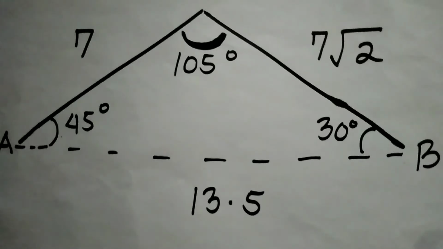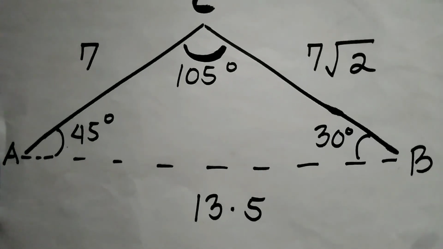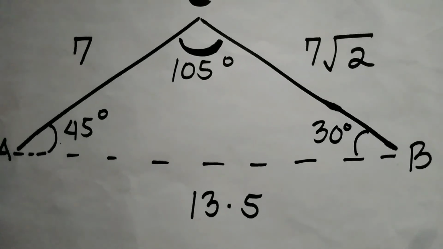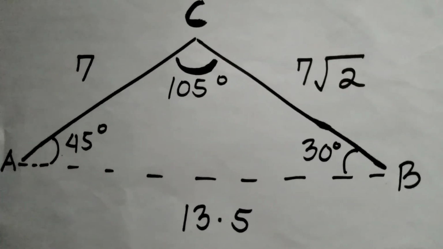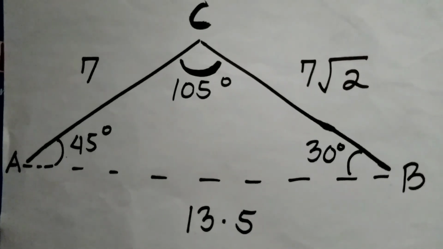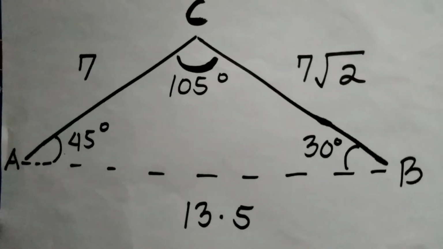That's it. So now we already know the values of angles A, B, and C. The value of angle C is 105 degrees, and the value of angle B is 30 degrees. So 45 degrees plus 105 degrees plus 30 degrees is a total of 180 degrees.